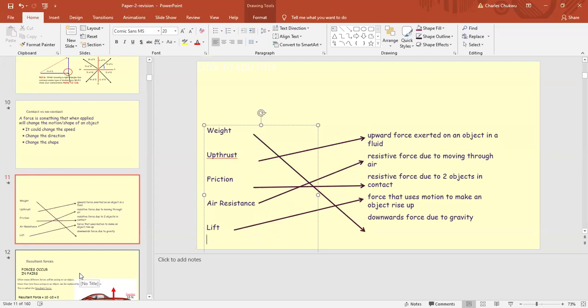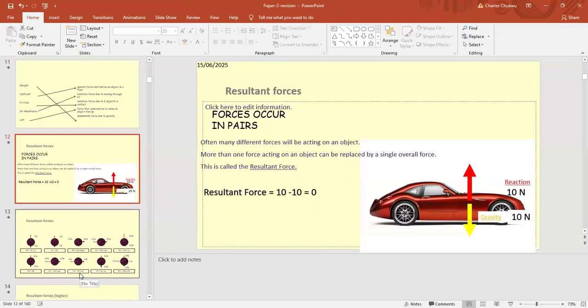Yes, yes. Okay, now resultant forces. Remember, a resultant force is the result of two forces acting usually either in the same direction or in opposite directions. So that's what will lead to what you have, okay?